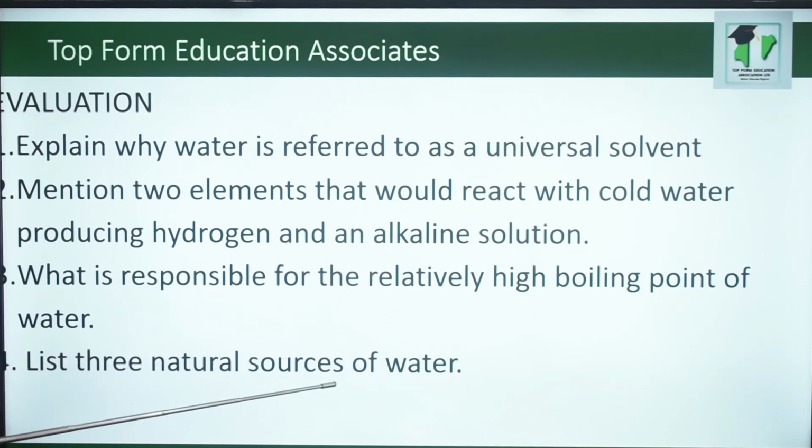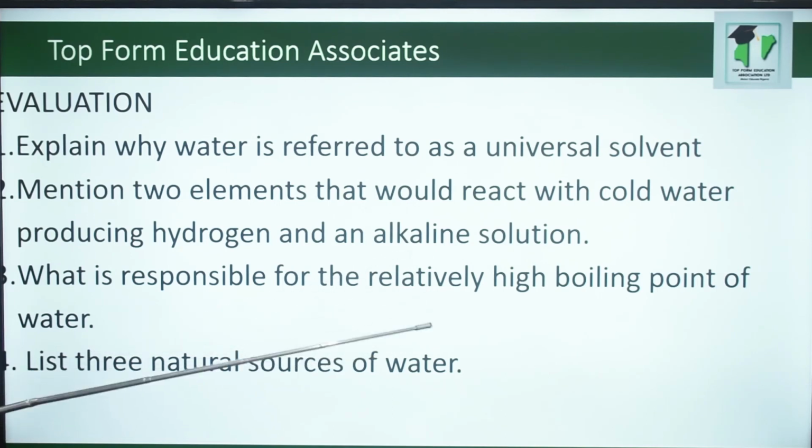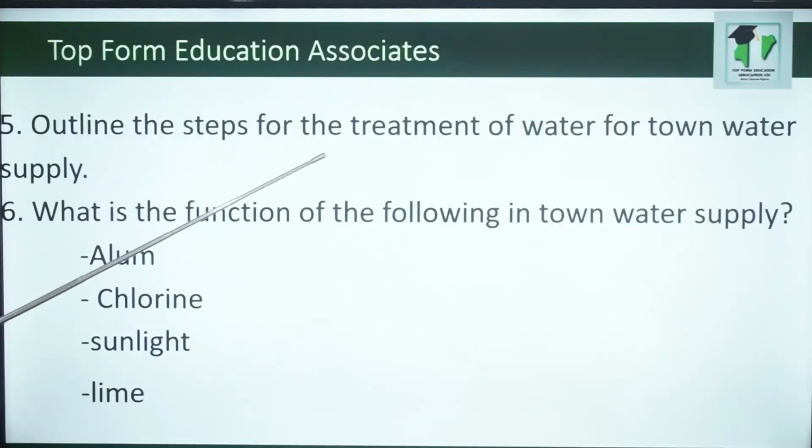Number 4, list 3 natural sources of water. You mentioned many sources like rainfall, seas, ocean, rivers, wells, dams, and so on and so forth. Outline the steps for the treatment of water for town supply.